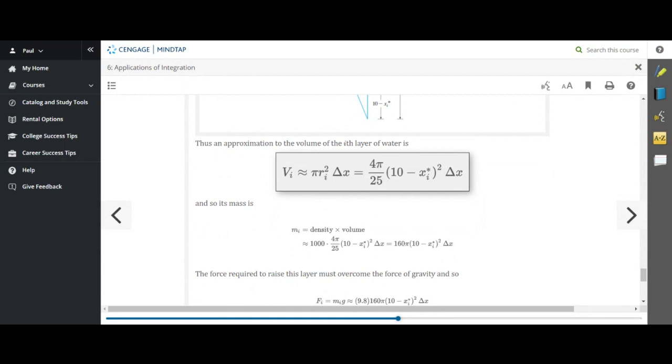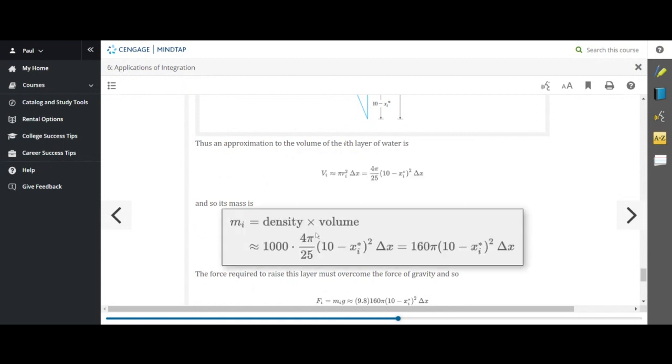From the volume, we have to go to mass. Okay, mass, how many recall that density is mass over volume? How many recall that? Density is mass over volume. Okay, Sean recalls that, and it's something you should have seen when you were younger. So that means mass is density times volume. Well, the density of water is 1,000 kilograms per cubic meter.